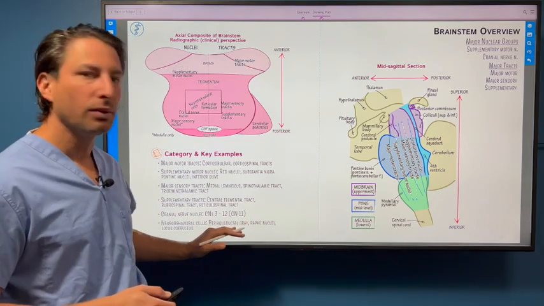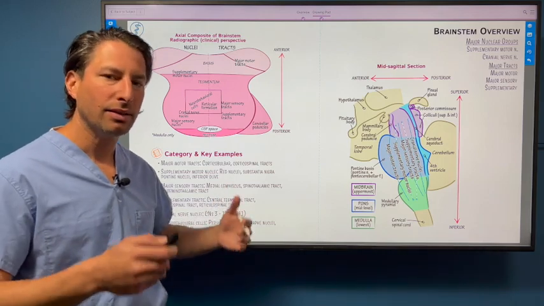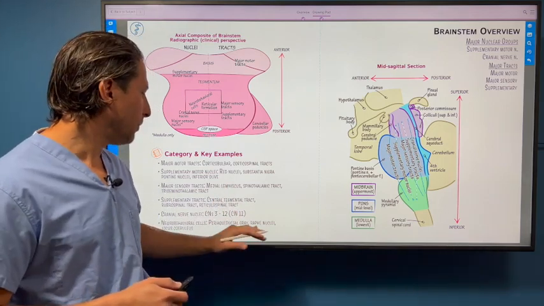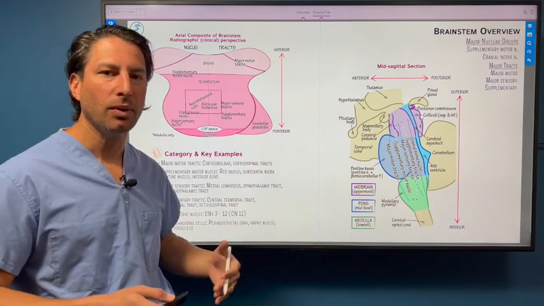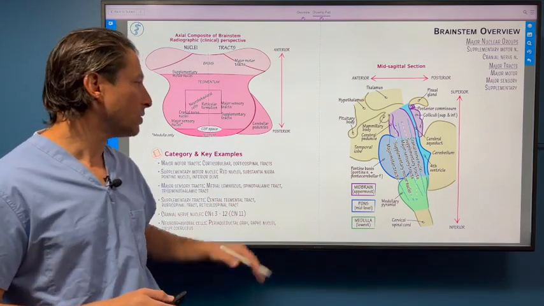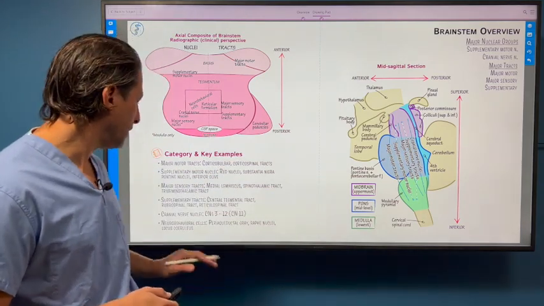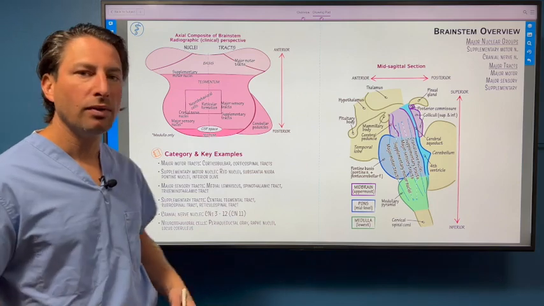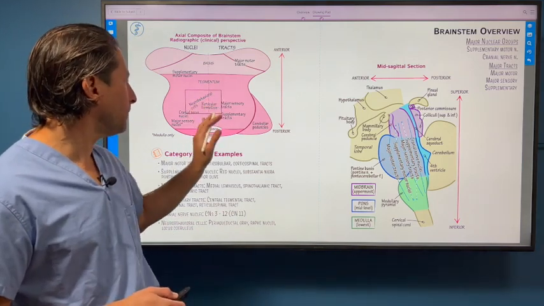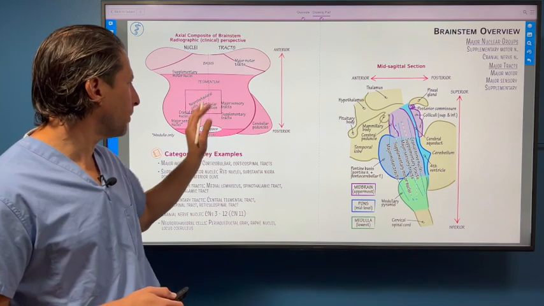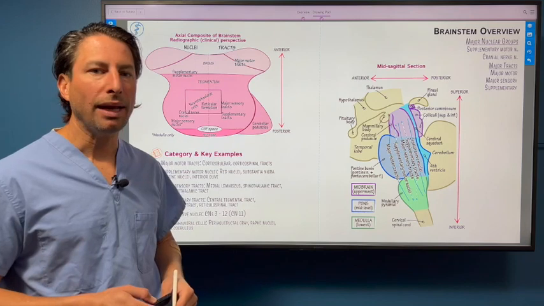Examples: periaqueductal gray in the midbrain, opioid activation, serotonergic activation, the Raphe nuclei, important serotonergic nuclei stretching the vertical axis of the brainstem. Locus ceruleus, important adrenergic center in the pons. You're going to be looking sort of more in the middle portion, posterior portion of the brainstem for these neurobehavioral cells.